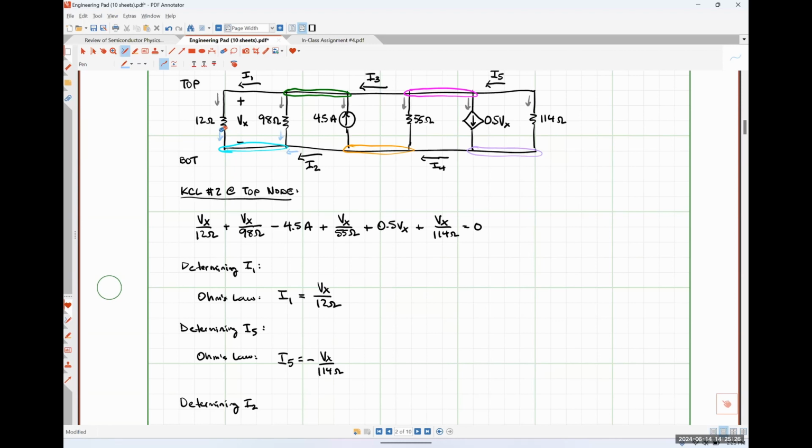We could change this ever so slightly by saying that this current I2 flowing in has to equal these two currents flowing out, which will let us not have to algebraically rearrange things.